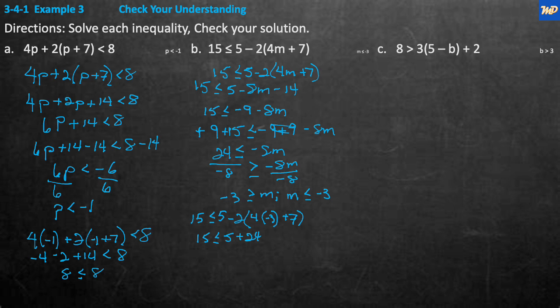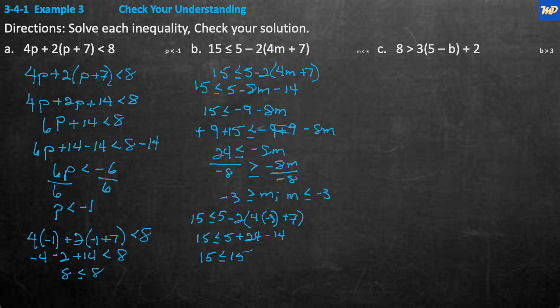And then it's negative 2 times 7, which is minus 14. Combine like terms again. We have a 5, a 24, and a 14. 24 minus 14 is 10, plus 5 is 15, and we have 15 is, in our case, equal to 15. Okay?